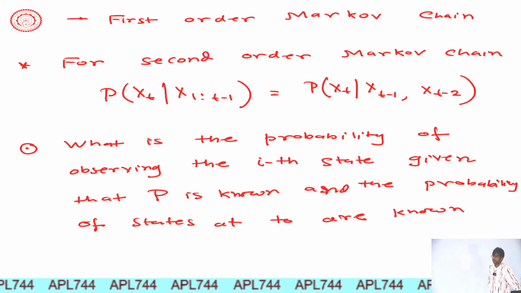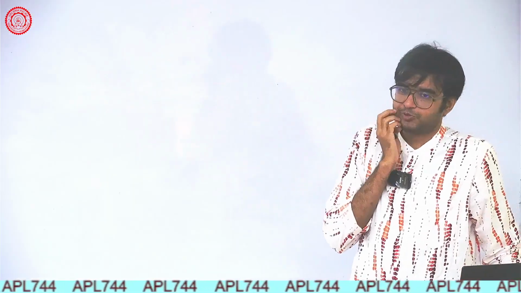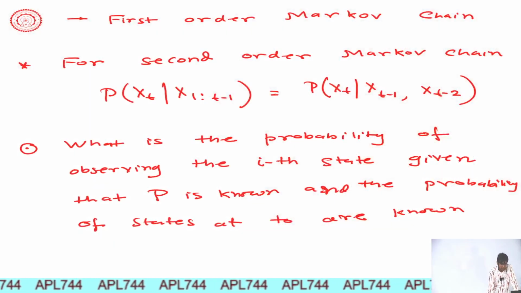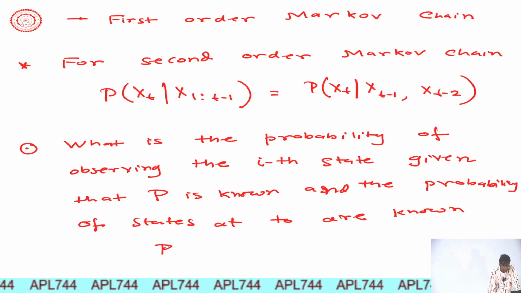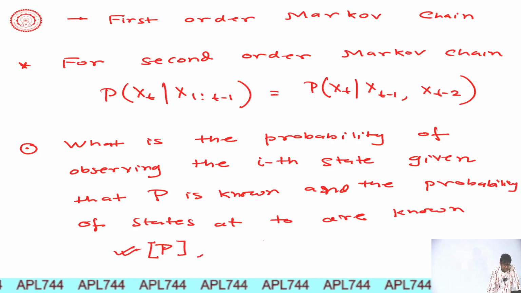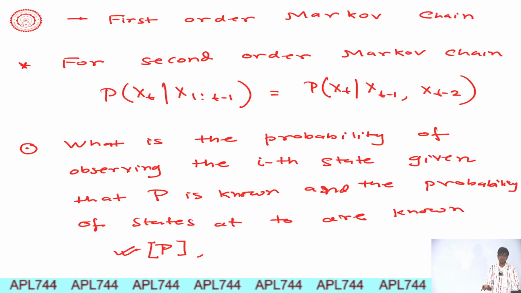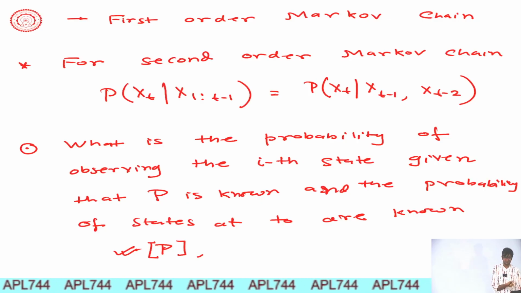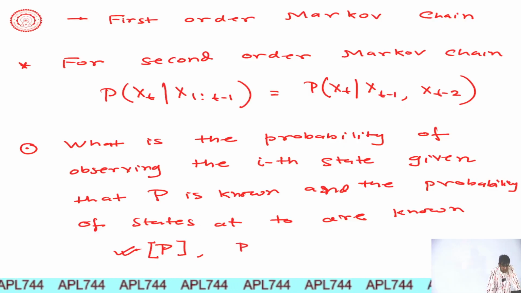Okay, so let me repeat the question. I have given you two pieces of information. One is that P is known to you. The other thing that is known is probability of x0.